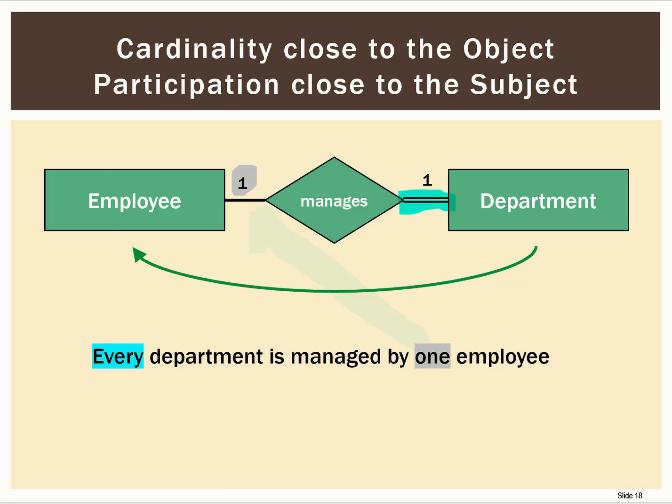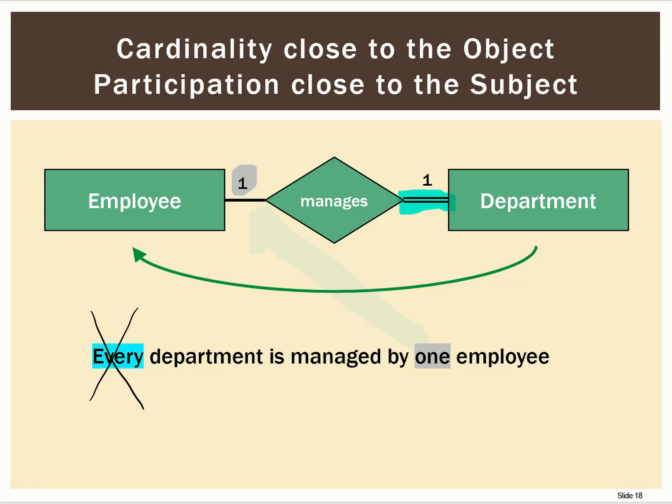And if we set up a department before we hire anybody, we'll give it a budget. We will assign it to a floor of our building, but there won't be any employees yet. Well, all it takes is one exception to break this rule. And then you can't say that every single department is managed by one employee, because some departments will be managed by 0 employees.